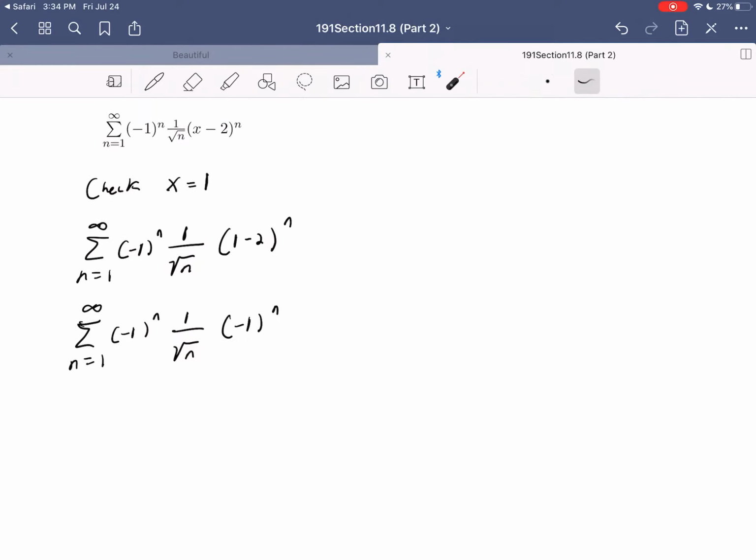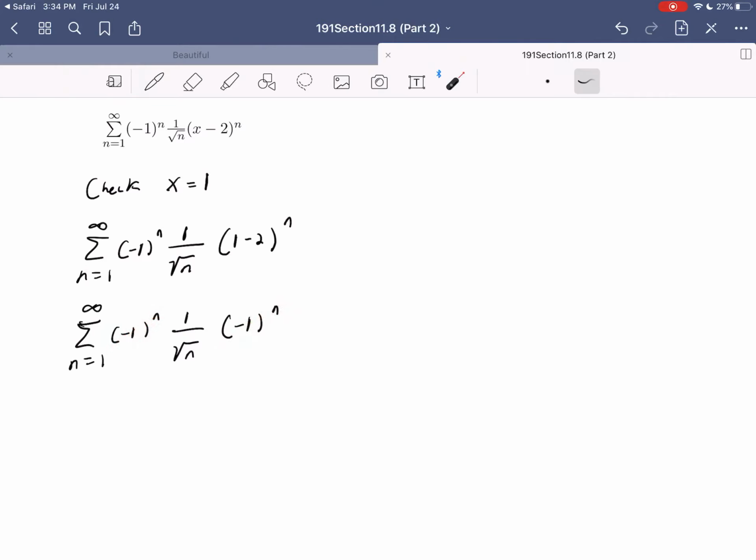It takes a little thinking here, but what happens with minus 1 to the n times minus 1 to the n? You could use power rules and recognize that that's minus 1 to the 2n, but minus 1 to the 2n is an always even exponent. And minus 1 to an even exponent is always going to be positive. So these two, when they multiply together, actually cancel out.